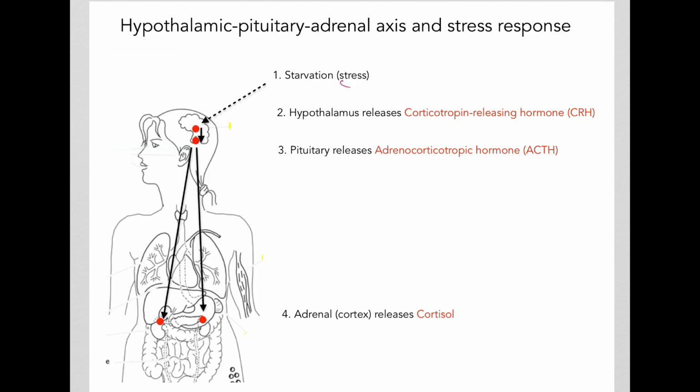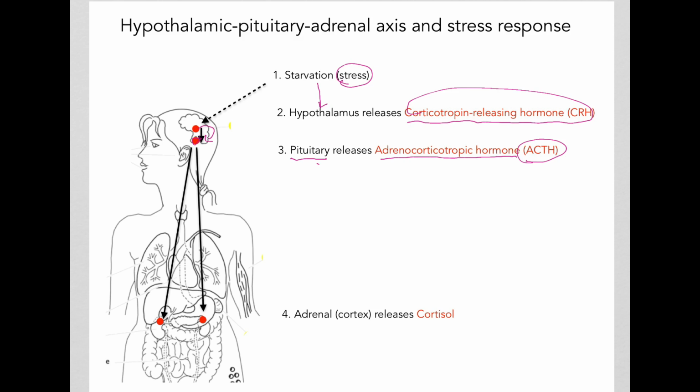So during stress, including starvation, it will cause the hypothalamus to release corticotropin releasing hormone, or CRH. CRH will then cause the pituitary gland to release adrenocorticotropic hormone, or ACTH.